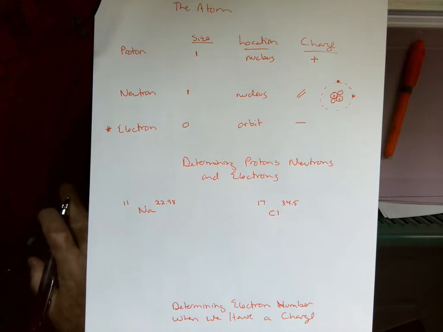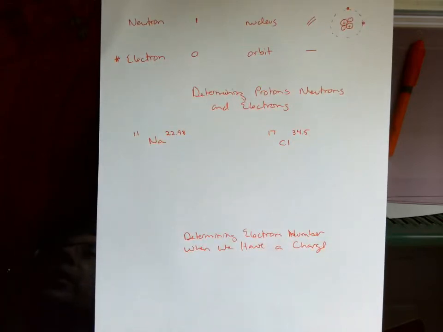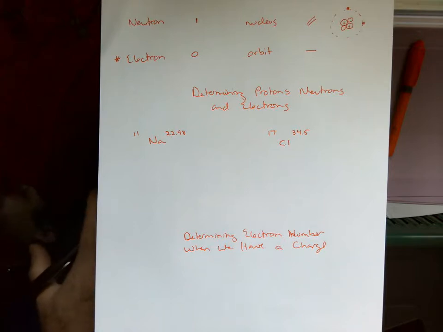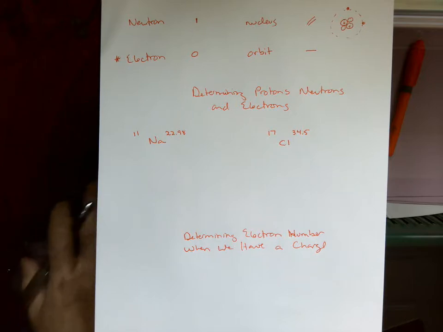Okay, it is hard to visualize exactly what an atom looks like, but this is a cartoon representation right here. So moving forward, important thing, protons, neutrons, and electrons are what we're going to be studying. In particular, we're going to be focusing on electrons in this course.